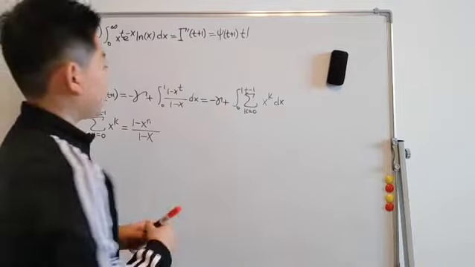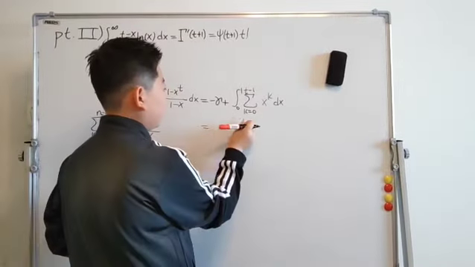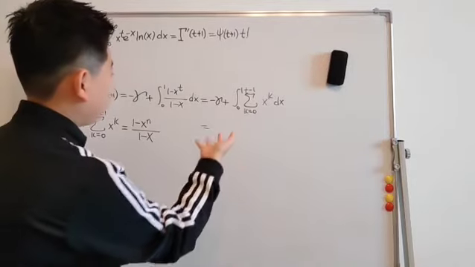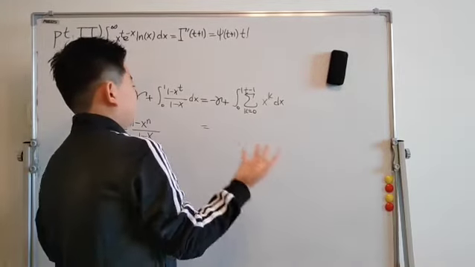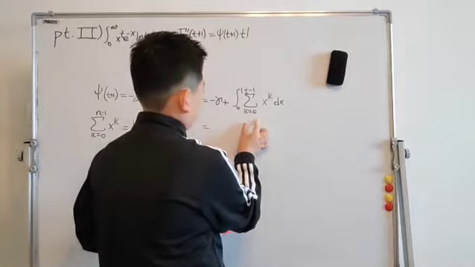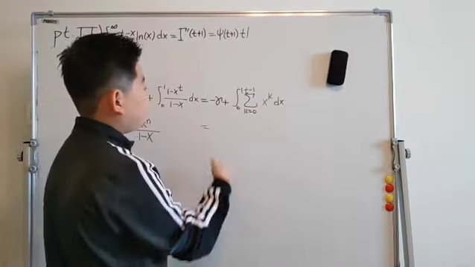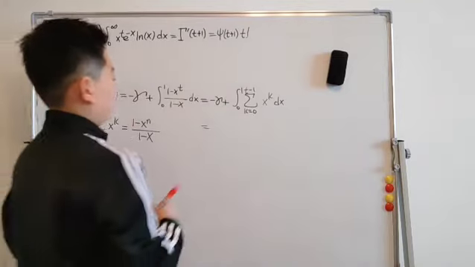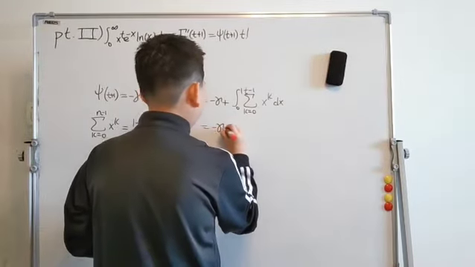And this is going to be very easy to integrate, reversing integral and sum, because first of all, it's a finite sum, and second of all, even if it is infinite, we are in the radius of convergence, meaning that it's pretty obvious what to do.